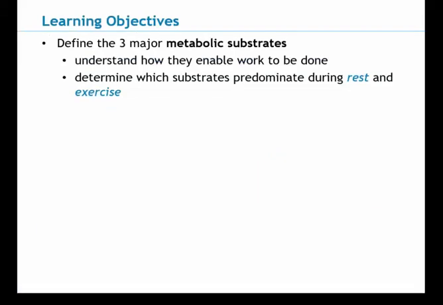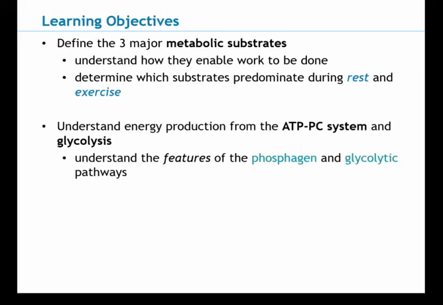So here are our learning objectives. The first part, we're just understanding metabolic substrates. So carbs, proteins, fats, the characteristics of each one, and how they're needed to produce fuel during physical activity and exercise. And then next we'll get into the ATP-PC system, which is our first energy system.